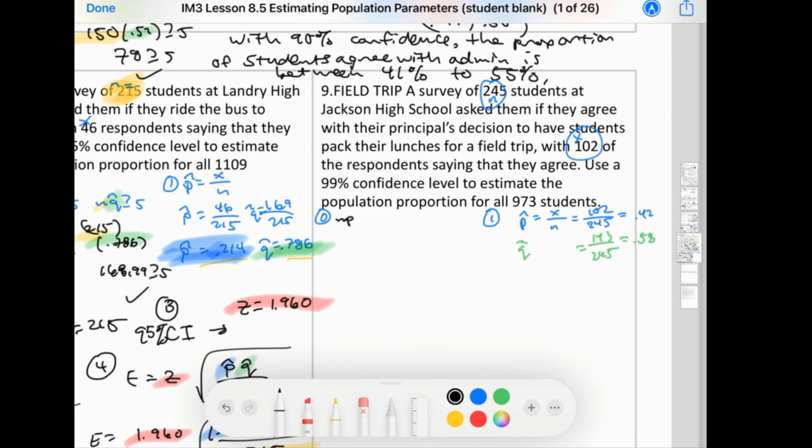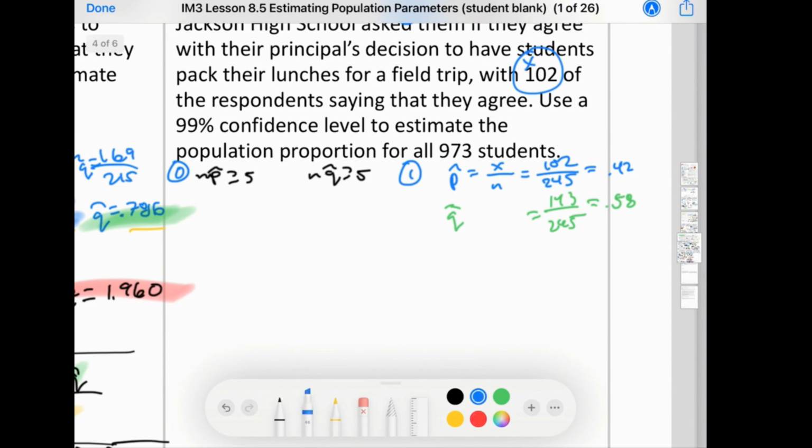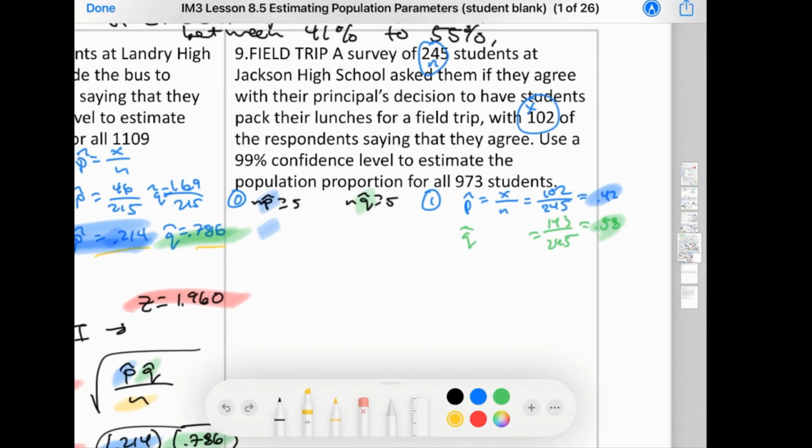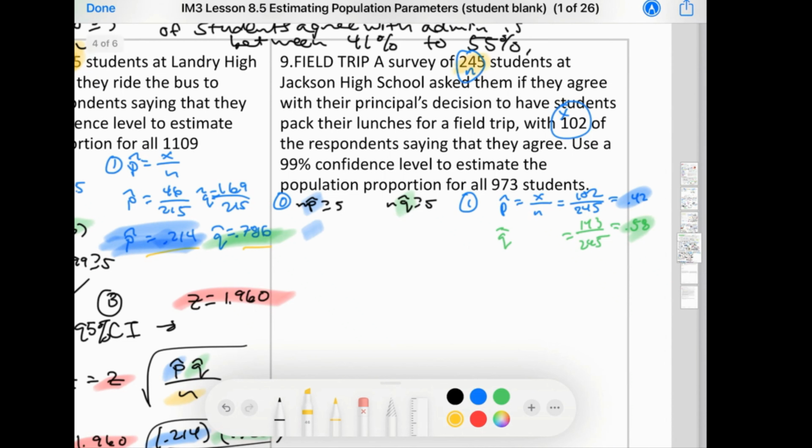And that formula is n p hat greater than or equal to 5 and n q hat greater than or equal to 5. So 0.42, 0.58, and we need how many students? 245. Okay, so 245 times 0.42.